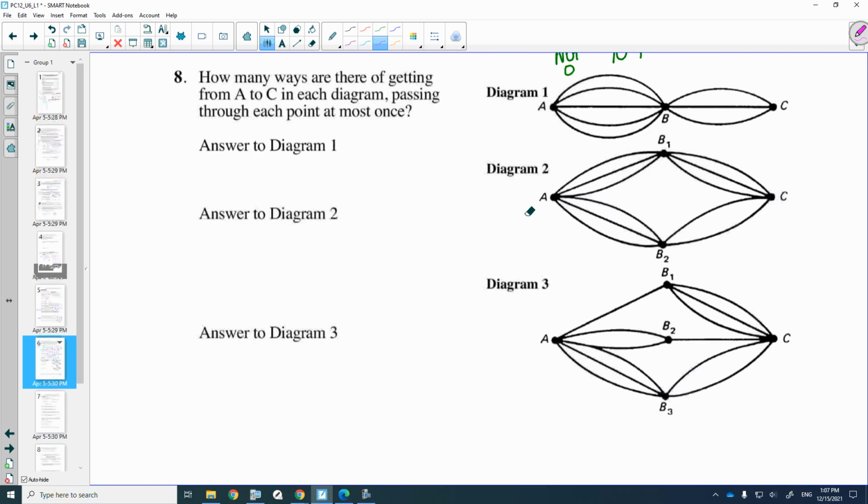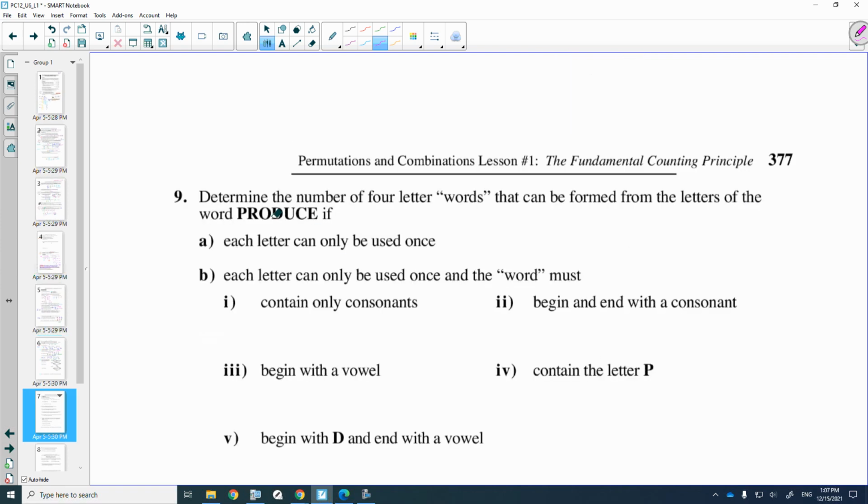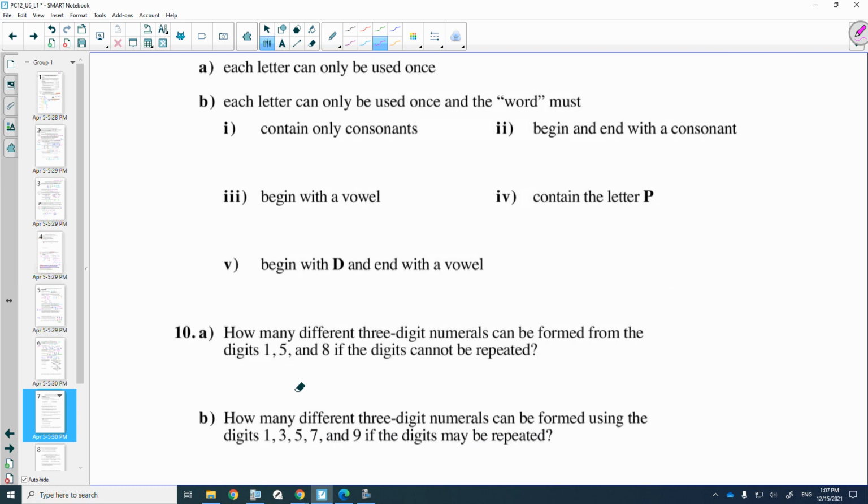So number 8, there's your routes question, right? 3 different examples that you're figuring that out. You go to number 9, now the word is produce. So figure out how many letters there are, and they want, again, 4-letter words, so 4 stages. This is a numbers question. How many different 3-digit numbers? And there's restrictions. So do the restrictions first, and then you could finish.